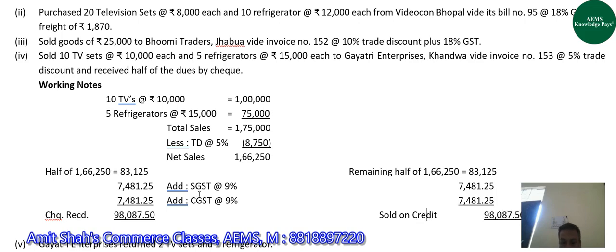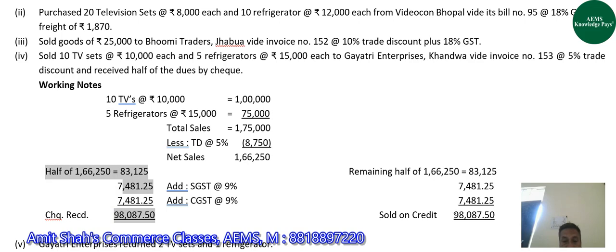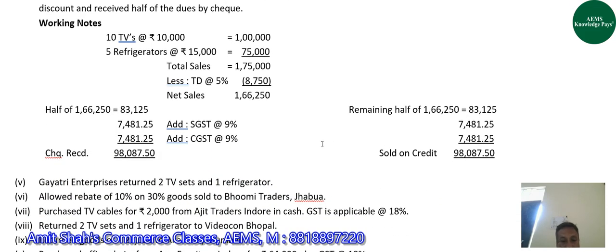And the one that we have sold on credit is also the same amount, 98,087.5. I hope you have understood this, guys. So this one will go to the cash book and this one will go to our sales book. So let's record this first in the sales book.